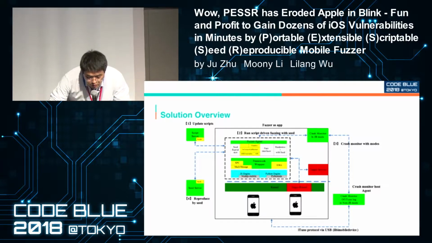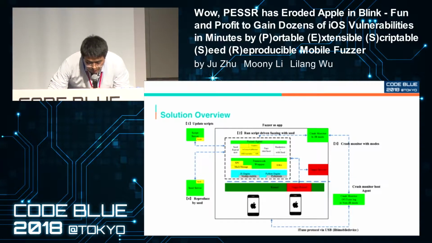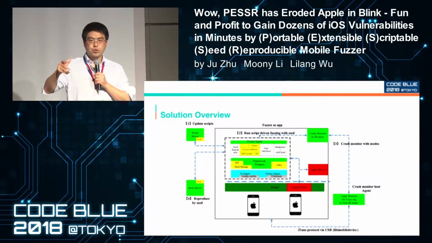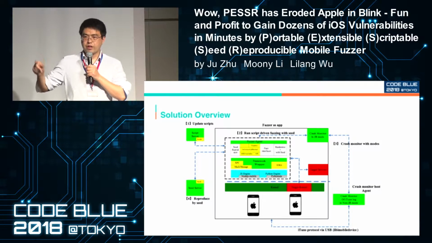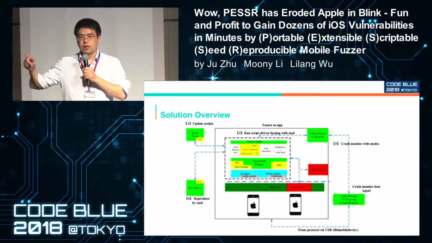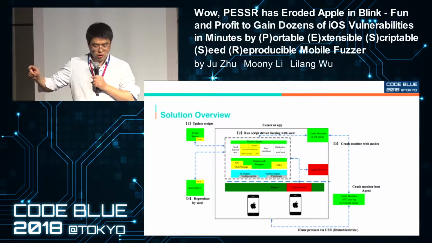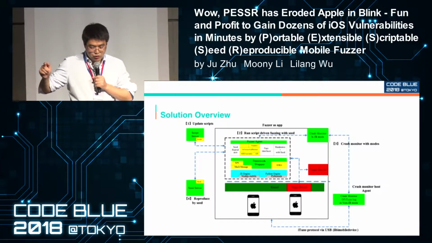The other part is the crash monitor. The crash monitor will try to get the crash or harm information of your target process, with different strategies according to whether your device is jailbroken or non-jailbroken.